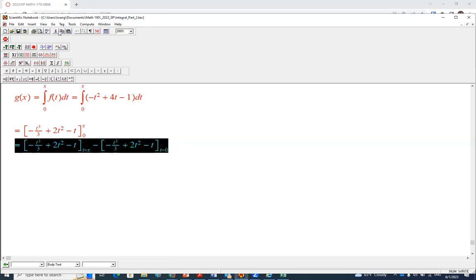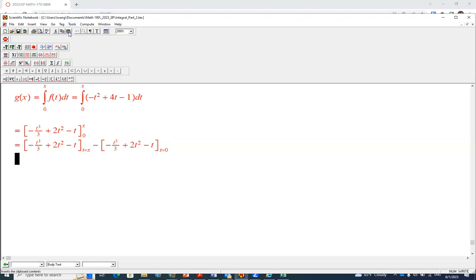The former gives us t replaced by x, and the part with t replaced by 0, that whole thing is going to be 0. So this is g. This is the g function.